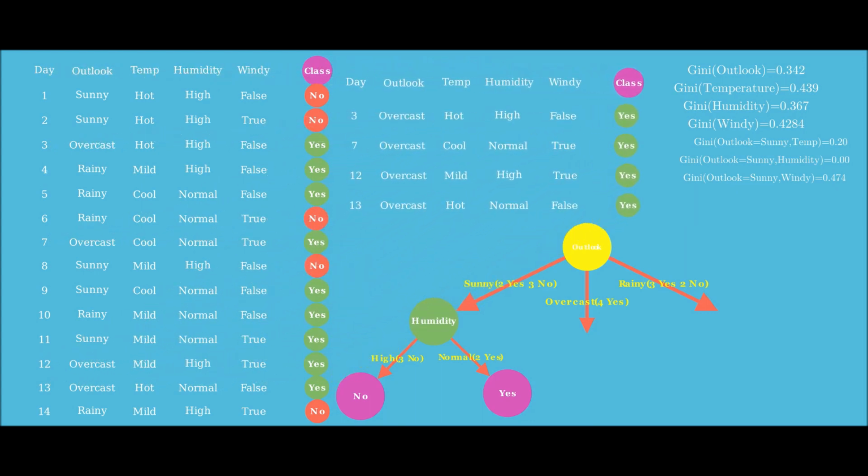So for the branch overcast, you can say that the class would be yes. So you don't need to take help of other features. Overcast means that the class is yes.